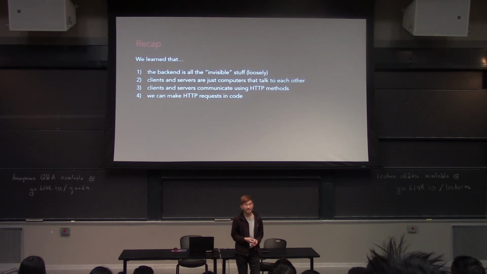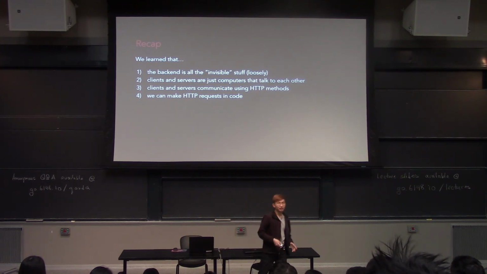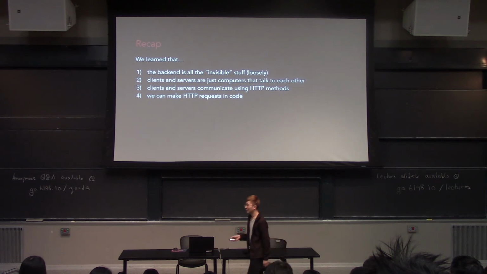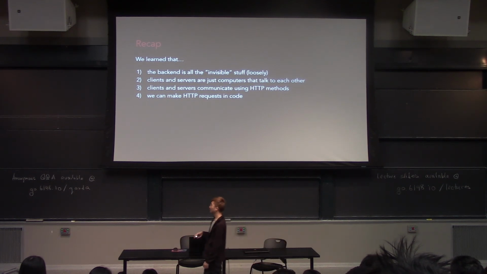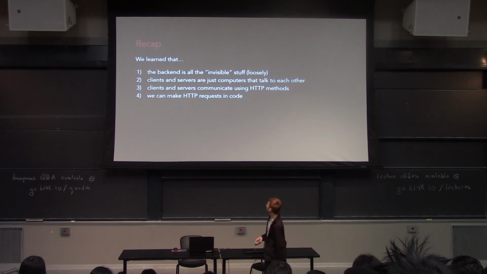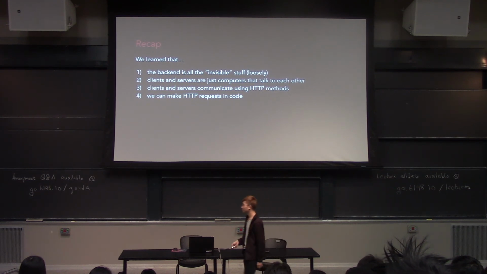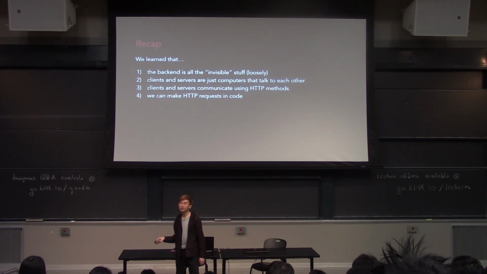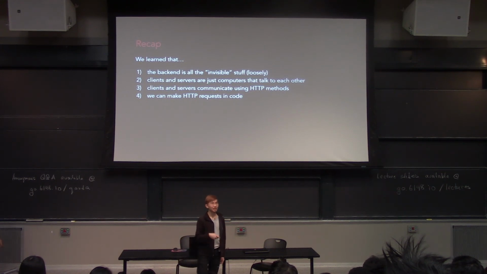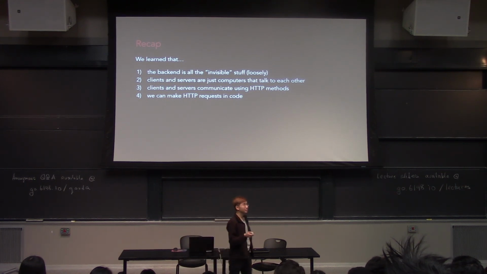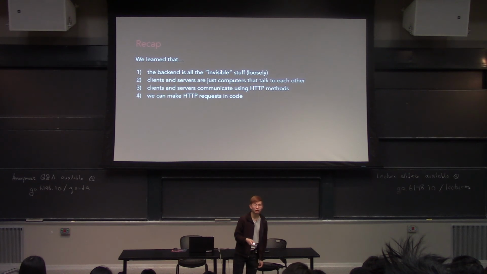Clients and servers are basically just computers that talk to each other, and they roughly relate to the front end and the back end of your code. And they communicate using HTTP methods. And finally, we can make HTTP requests in code, and in fact, a lot of services provide things called APIs, which are just a collection of endpoints for us to make HTTP requests to.